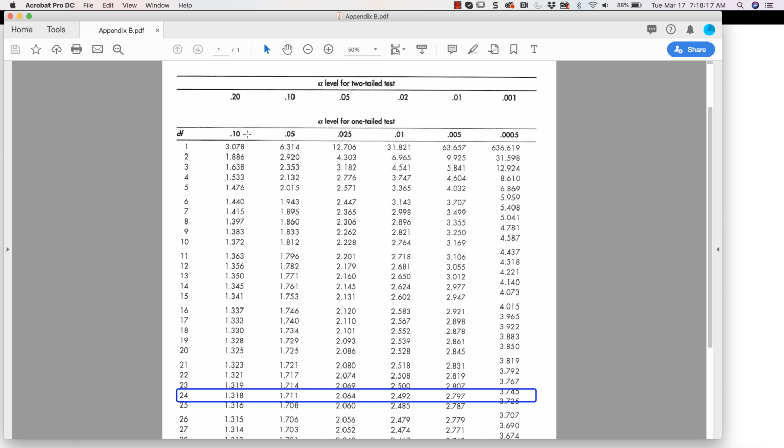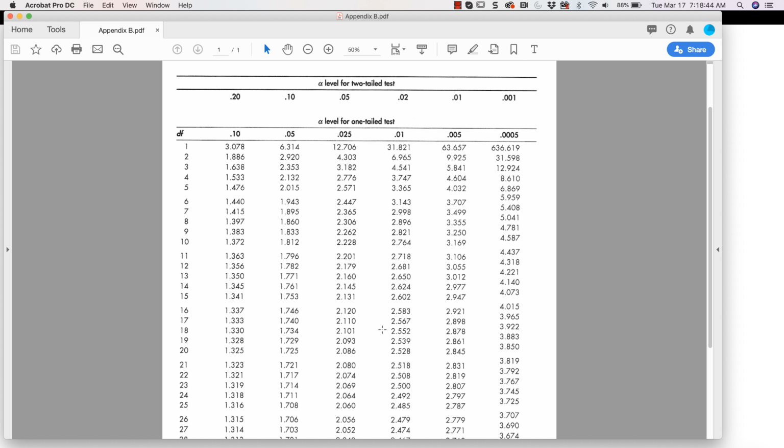And we have an alpha of 0.05. Okay, so we're going to go to our two-tailed test line here, find our alpha of 0.05, and go straight down until we find 24 degrees of freedom. And we can see that that T critical value is 2.064. Okay? So that's how we would use our Appendix B.